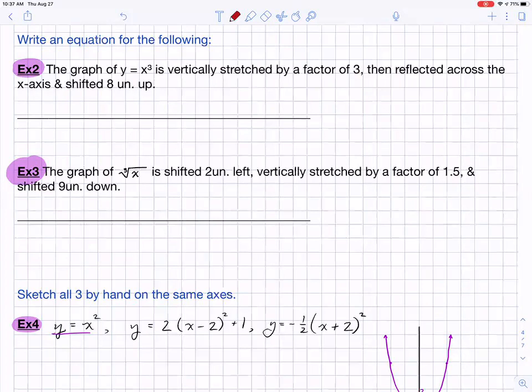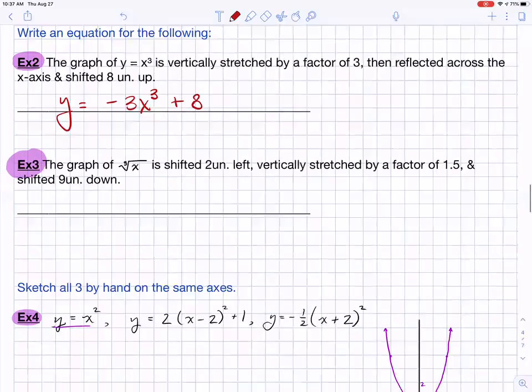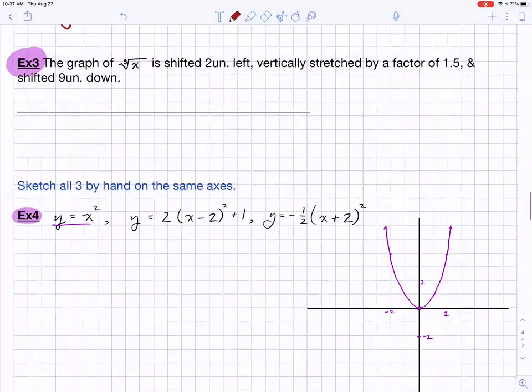Remember, it's an equation, so y equals, or f of x equals, negative 3 x cubed plus 8. Is that right? Yep, it is. Okay. Can you write an equation for number 3? You write the equation for number 3.